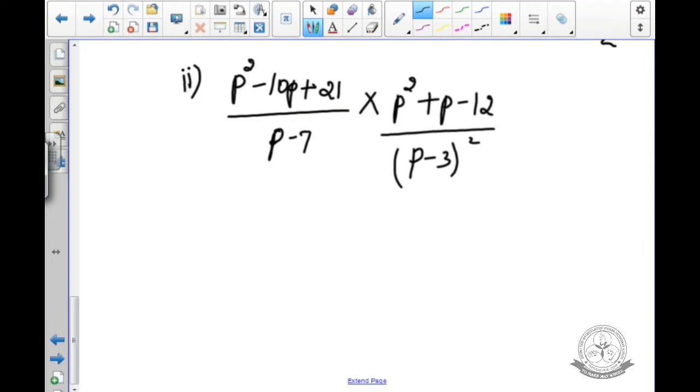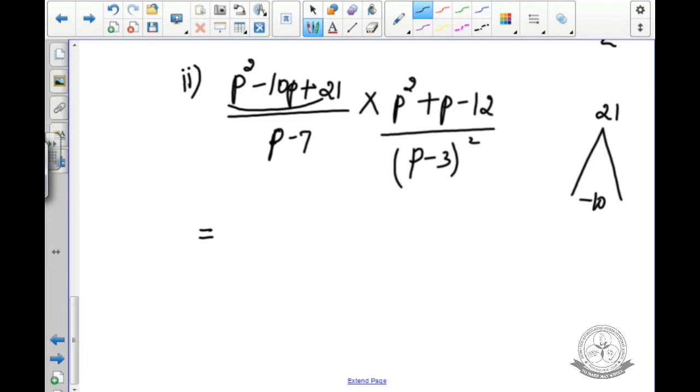So here in the expression, first in the numerator we can factorize this term, right? P square minus 10p plus 21. If I take this one first, I want to take the factorized terms. Here the multiplication term is plus 21 and the addition term is minus 10, right?